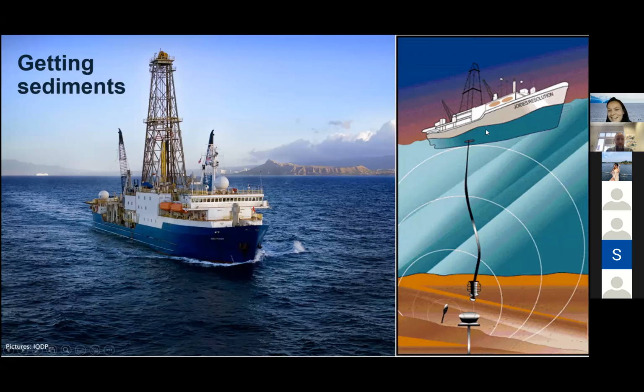We're working in the deep ocean, and this is the equipment that we need to put down. What you don't see in this picture is a huge hole in the ship, called the moon pool. It's under the drill rig so that the coring equipment can get lowered down through the ship into the ocean, and we pull these sediment cores out of the seafloor.